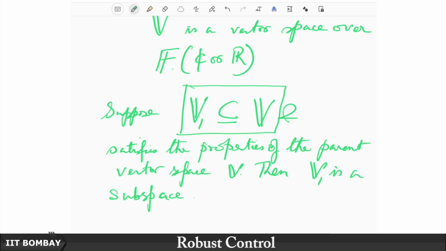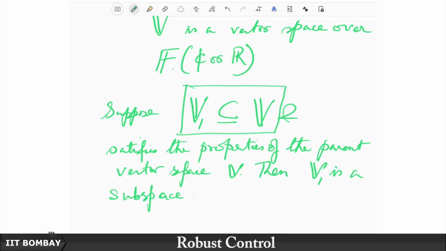So, a subspace is inherently also a vector space in its own right, and it will inherit, remember, you cannot have that V has one particular definition for scalar multiplication and vector addition, and V1, although the members of V1 are subsets of the members of V, yeah. So, V1 is a subset of V, but if you define your scalar multiplication and addition differently over the set V1, then it no longer remains a subspace of V. Okay.